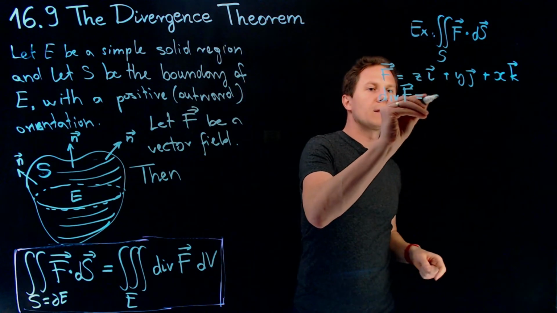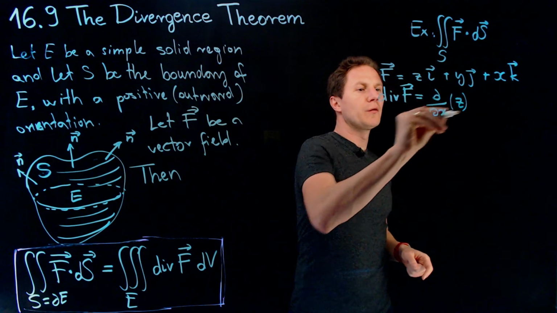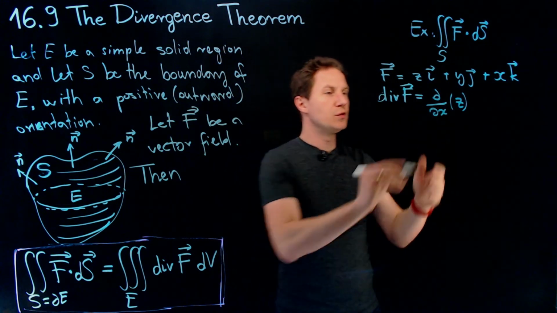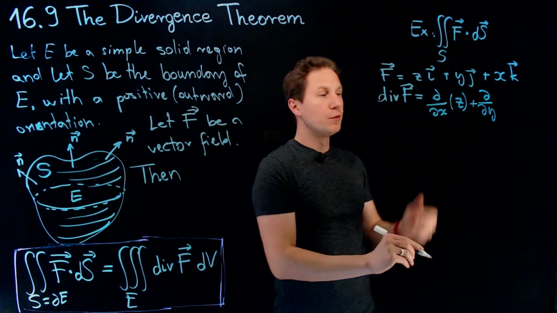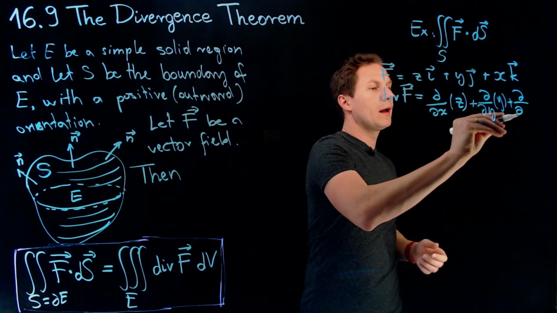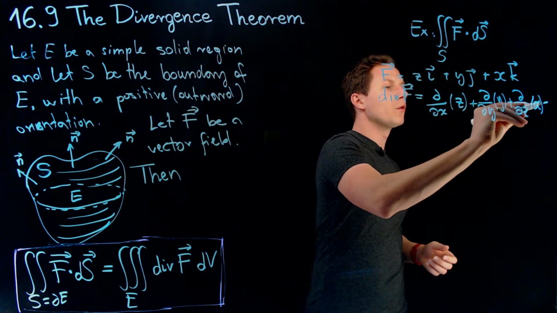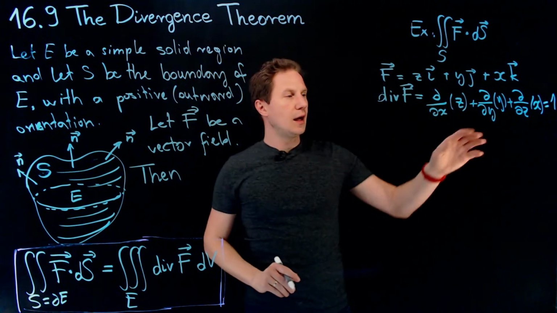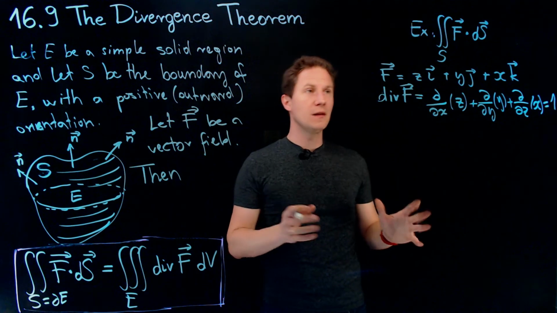And when you do that, of course, the partial derivative of z with respect to x gives you 0. The partial derivative of y with respect to y gives you 1. And the partial derivative of x with respect to z gives you 0. So overall, this divergence is equal to the constant 1 at every point in space.